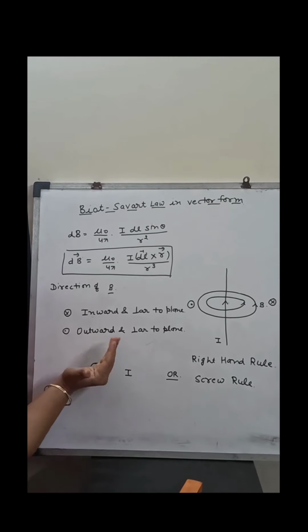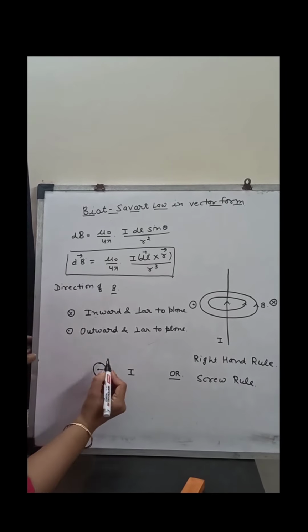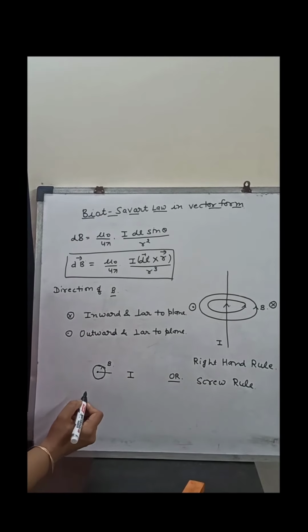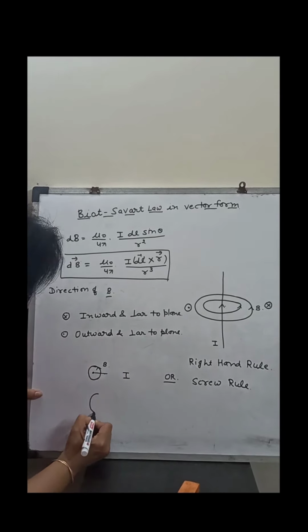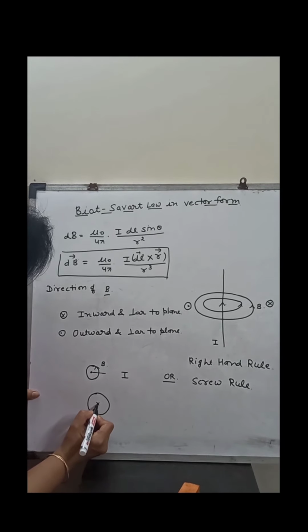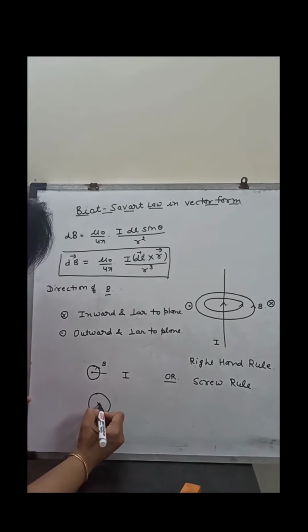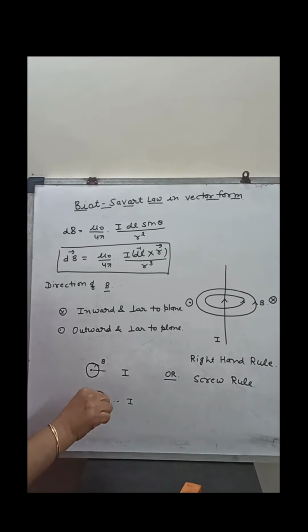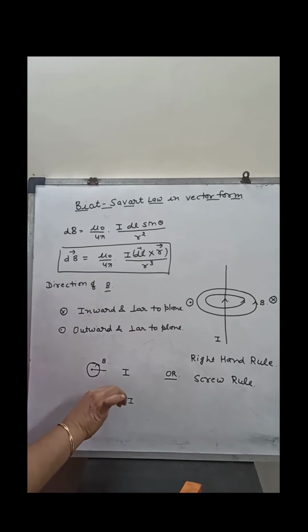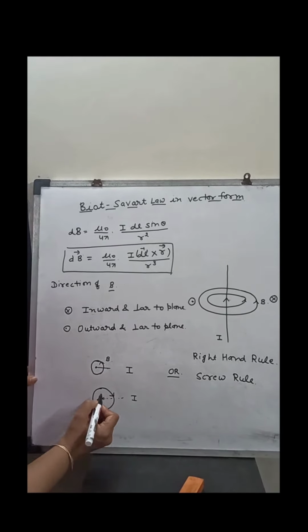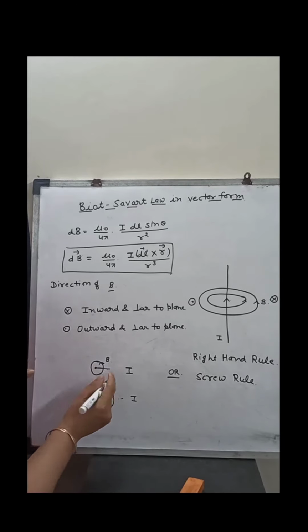Curvature of finger shows the direction of current and thumb represents the direction of magnetic field. Also, if direction of magnetic field is inward and perpendicular to plane shown by cross, and the curvature of finger shows the direction of current, current is in clockwise direction.